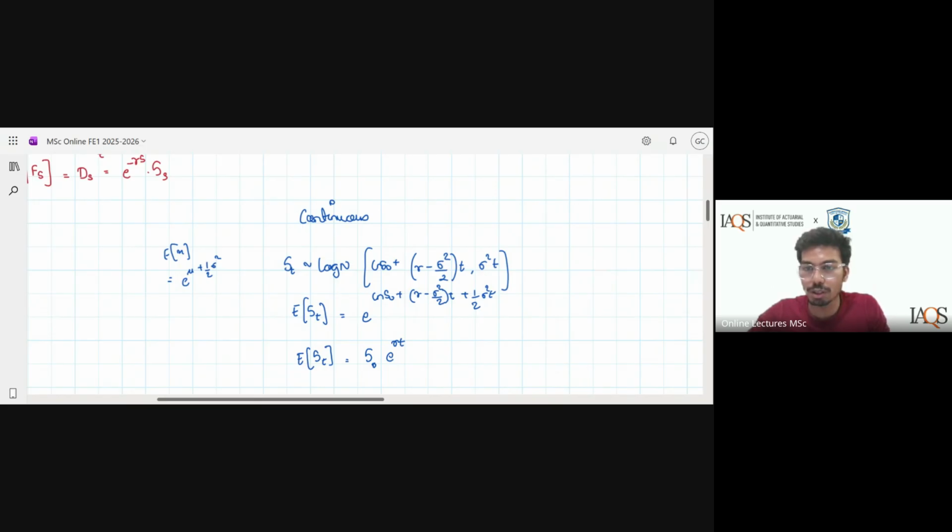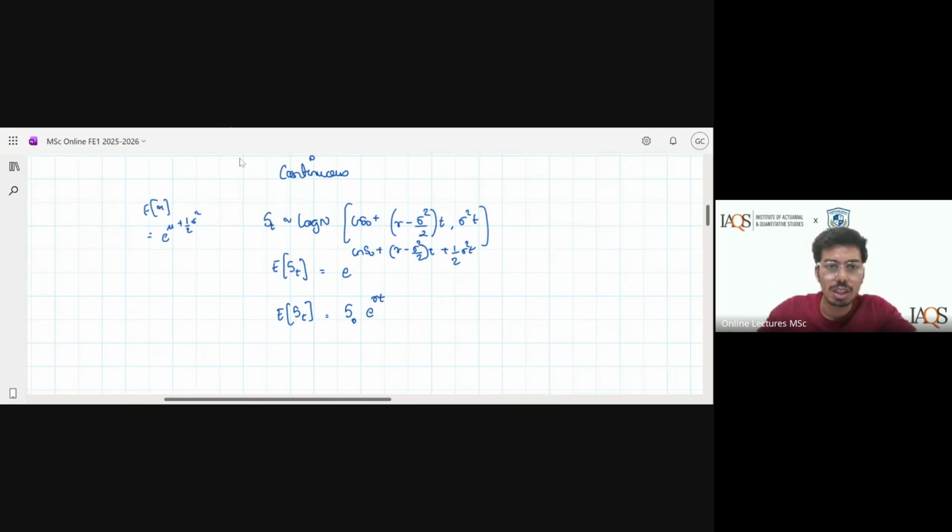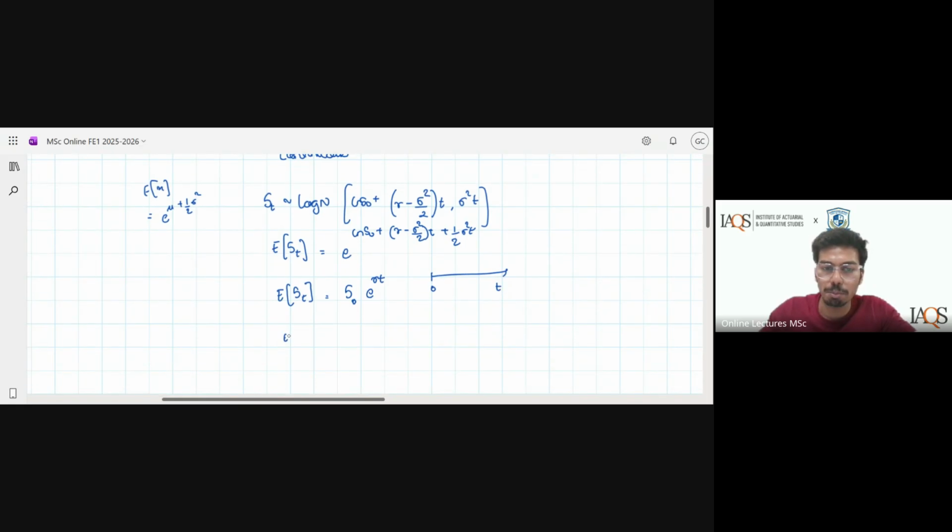Fair enough? Everyone with me? This was for a time period 0 to T. If I have to write from a time period S to T, it will become the same thing, SS into e raised to r(T minus S).